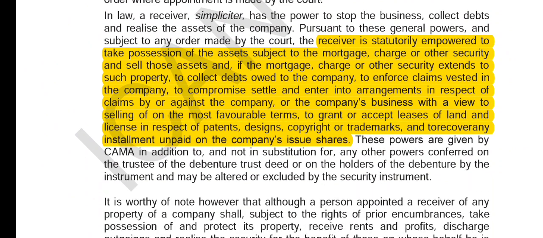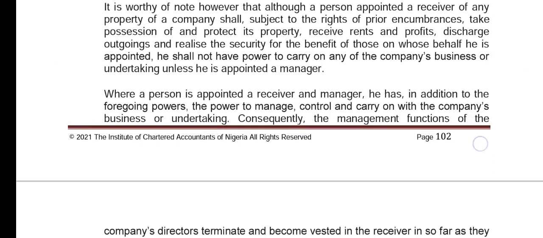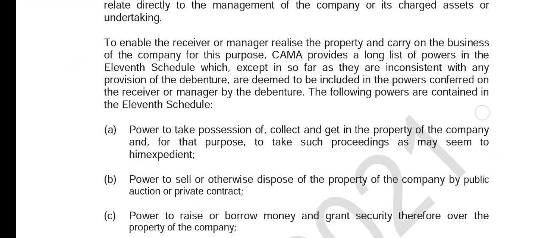So in this case we are looking at the powers of receivers and managers. Again, if you see part A, it says to take possession of, collect, and get in the property, and for that purpose to take such proceedings as may seem to him expedient.